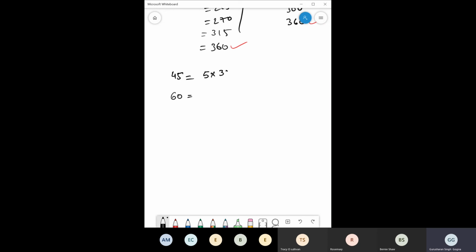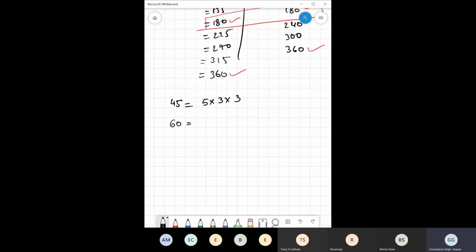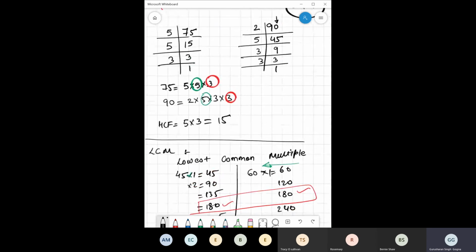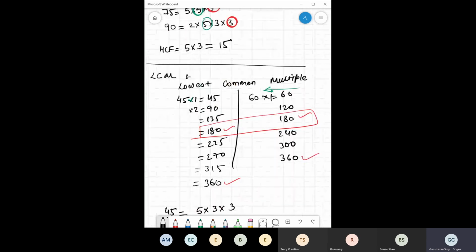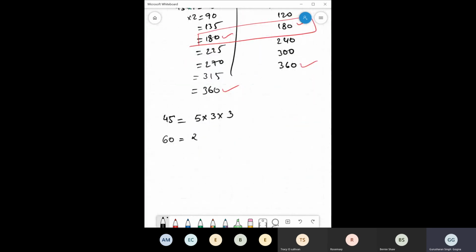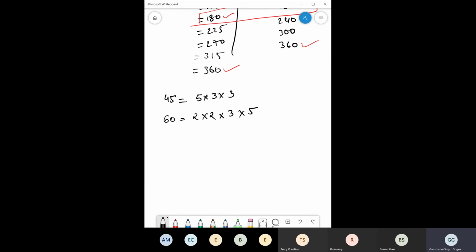And 60 is 2, 2, 3, 5. So you already know how to get the prime factors. How to get the LCM now? Again, you check what is common. You can see 5 and 3 are common.